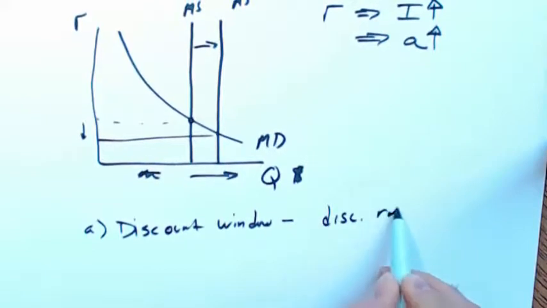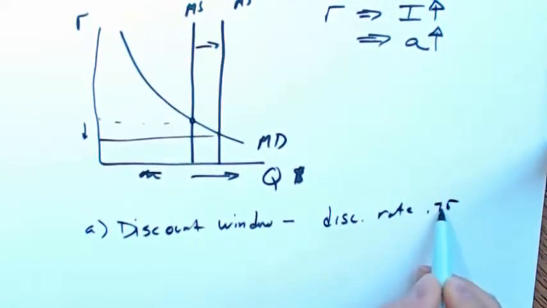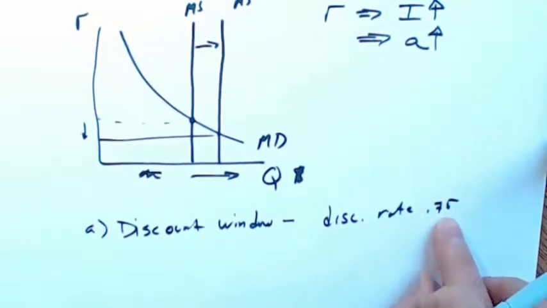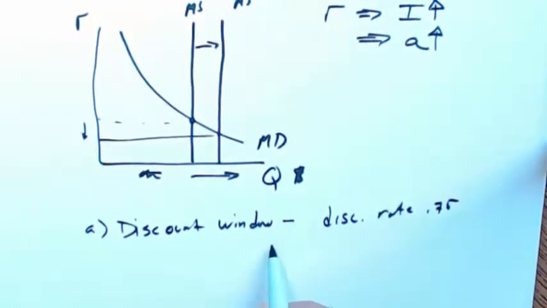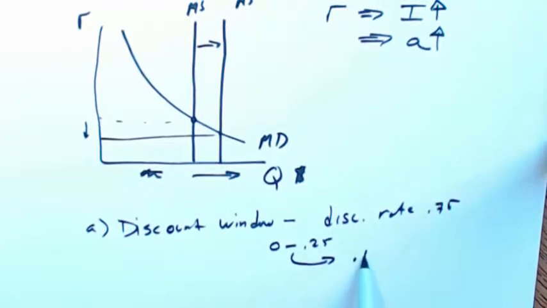The discount rate today is 0.75. It's usually a function of the Fed funds rate. So the Fed funds target rate is set between 0 and 0.25, which is about 0.125% in the middle of the range, a very low rate.